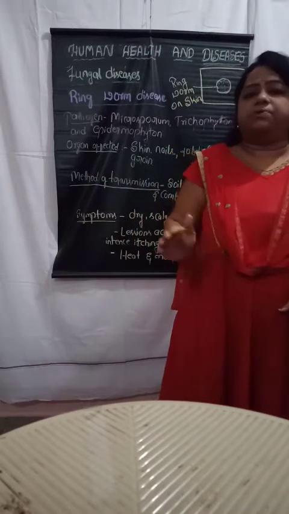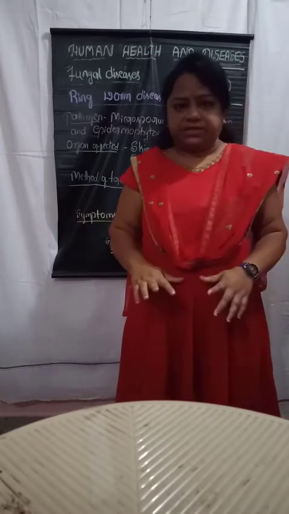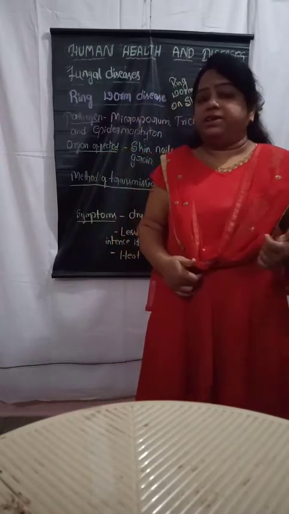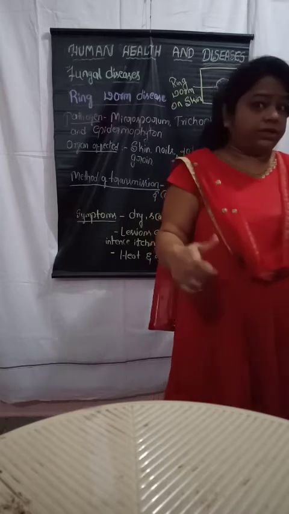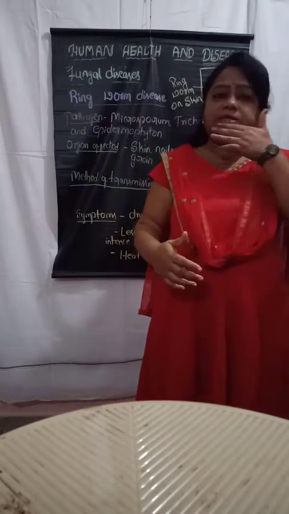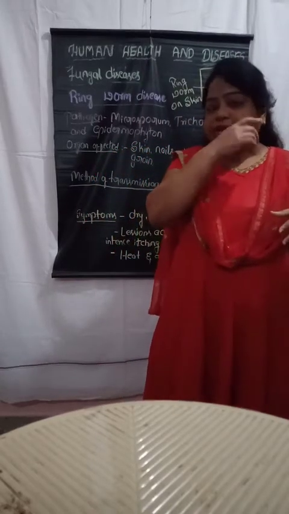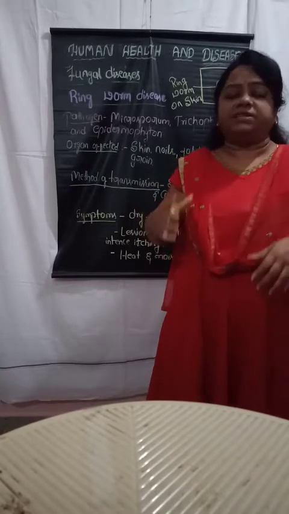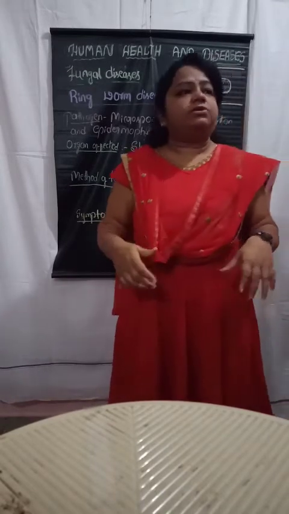Disposal of waste, whether domestic waste or municipal waste. If you read the last chapter on sewage treatment, how the disposal of waste takes place, that is sewage treatment. By following those methods and also individual care in cleaning the surrounding environment, we can avoid these infections.